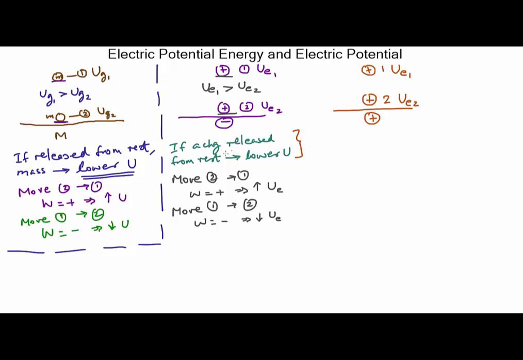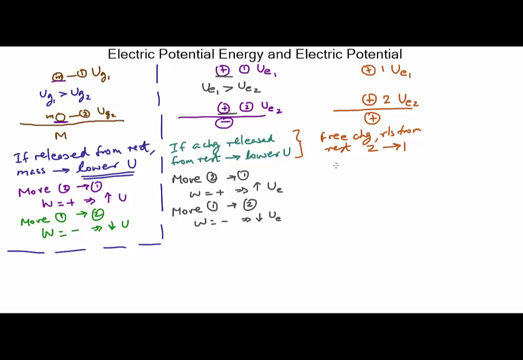So if I release a charge from rest, it's going to go to a place where it has lower potential energy. If I have the charge at point 2 and I release it, you know that it's going to be repelled by the fixed charge, so it's going to go from 2 to 1. So a free charge, when released from rest, will go from 2 to 1. It won't go from 1 to 2.